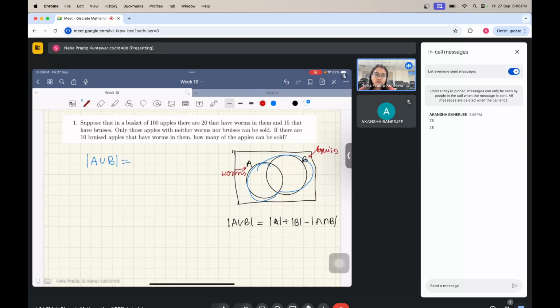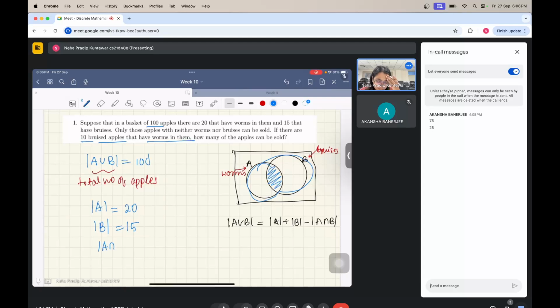So this is the total number of apples, and that is given as 100. Then you know that there are 20 of them that have worms, and 15 of them that have bruises, and additionally you know that there are 10 bruised apples that also have worms. That is the size of A intersection.